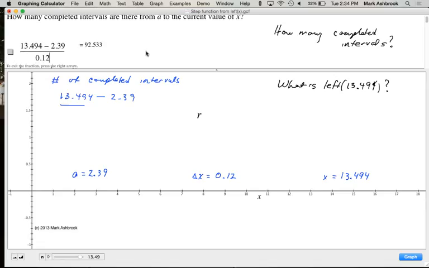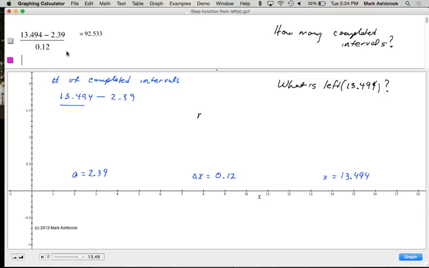What is that telling us? 92.533 is telling us the number of intervals, including how much of the current interval we're going through. Okay, so I'm going to copy that. And to get floor in GC, you just type out FLOOR, and then those brackets appear.